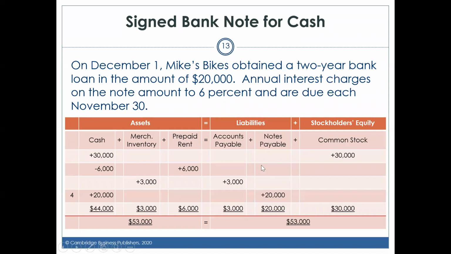So liabilities go up by 20,000, and then cash goes up by 20,000. So assets go up by 20,000. So the left-hand side of the accounting equation goes from 33 up to 53. The right-hand side of the accounting equation, because liabilities go up, goes from 33 up to 53. And owner's equity is not affected by this transaction.